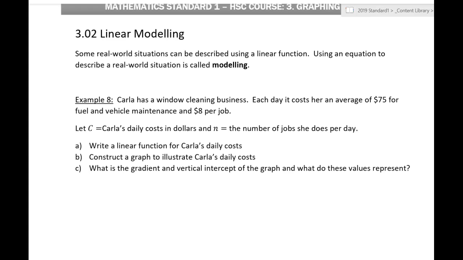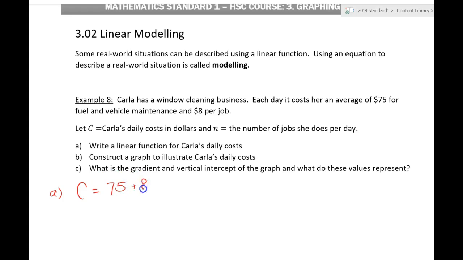Now we need to write a linear function for Carla's daily costs. So for part A here, it needs to look like this. It has to be C equals, right? How much does it cost Carla per day? Well, it costs her $75 plus $8 per job.